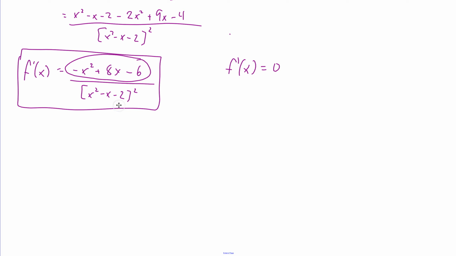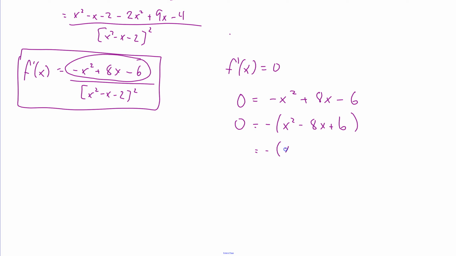So we can simplify this complicated looking derivative and just solve for the numerator equal to 0. So we have 0 is equal to minus x squared plus 8x minus 6, a simple second degree function that we can rewrite as x squared minus 8x plus 6.